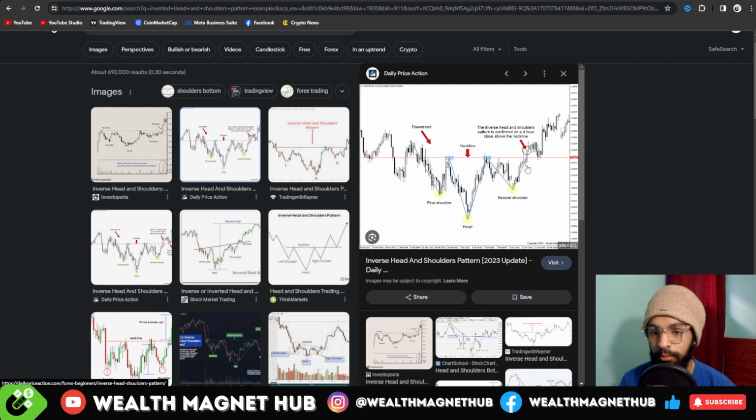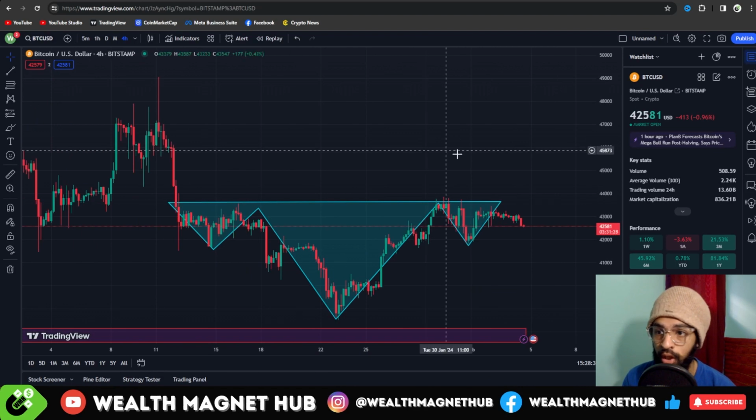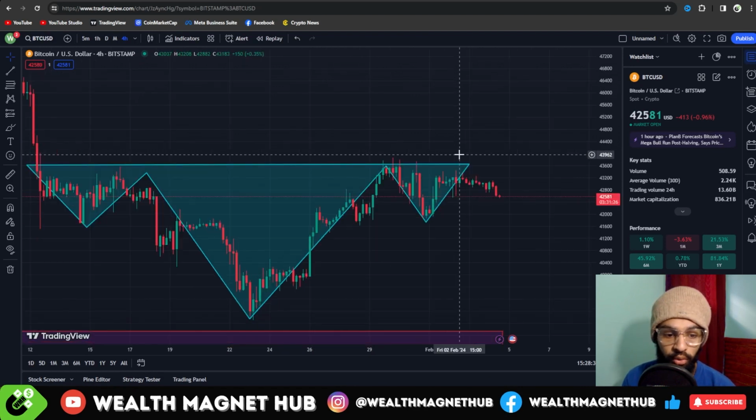After we see the breakout, we obviously see a retest at the neckline once again, and then we head into our bullish direction. But what's surprising is that in the pattern we see here, we haven't seen the breakout yet.